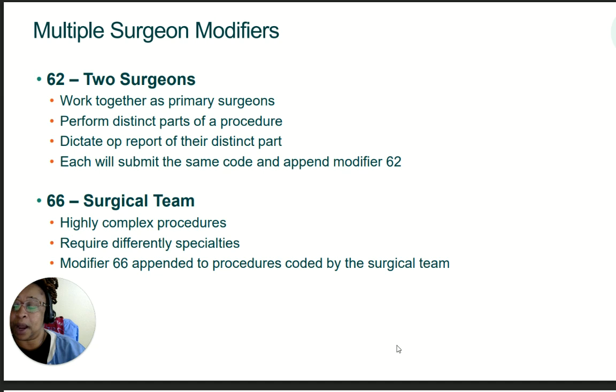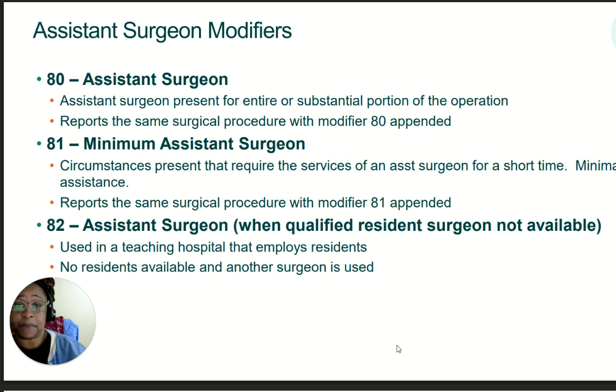Highly complex procedures require different specialties, and the modifier 66 is appended to the procedures coded by each surgical team member. 80 modifier is for assistant surgeon, 81 for minimum assistant surgeon, 82 for assistant surgeon when qualified resident surgeons are not available.